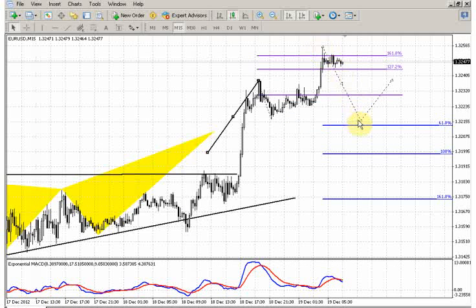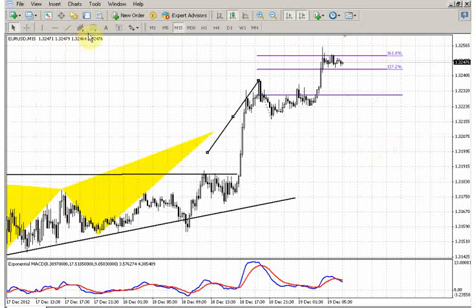I do not want to say that this has to happen, but currently I do not see any other patterns. Maybe you could also see the butterfly here. You can see this is the left wing, this is the right wing, a 1618 butterfly. So if you take the ultimate target of this butterfly, what do we get?